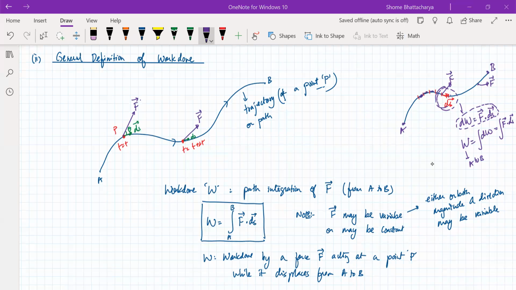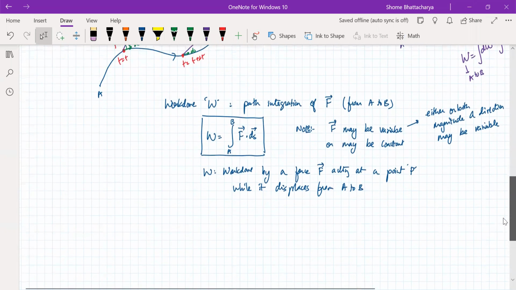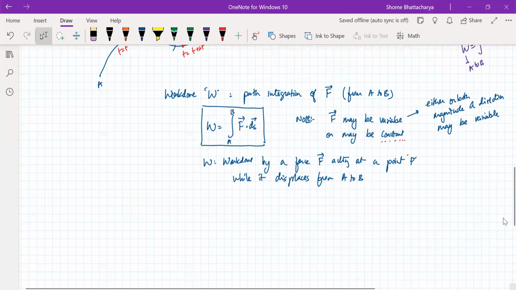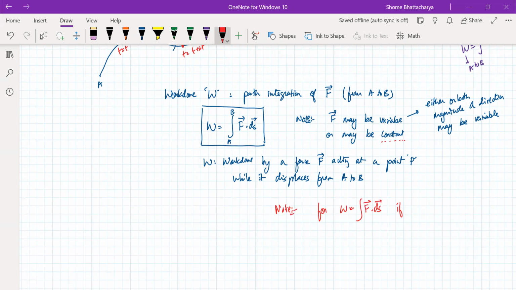Okay, so we'll start with a couple more examples of how this is implemented. But before that, let us note down an important thing: in this formula, the integration of F dot ds, if we treat force to be a constant, then this formula automatically simplifies and it becomes F dot S. So for W equal to integration F dot ds, if we take a special case where F is constant, then the integration of F dot ds will simply become F dot the integration of ds, because F is a constant, and the integration of ds will be nothing but the total displacement.